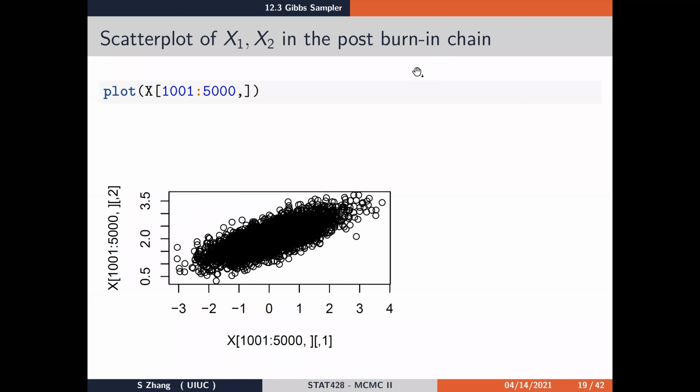We can also look at the scatter plot for x1 and x2 in the post-burn-in iterations. This can be done by plotting rows 1001 to 5000 of the X matrix. And you can see that these appear normally distributed with a correlation around 0.75.